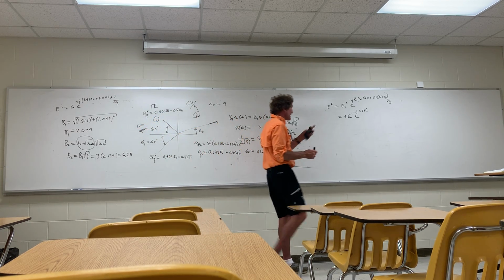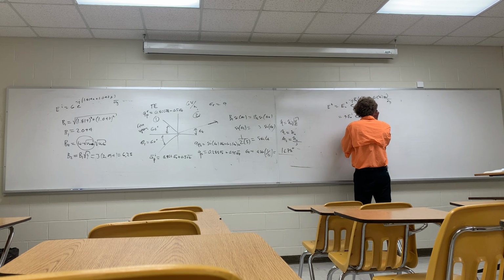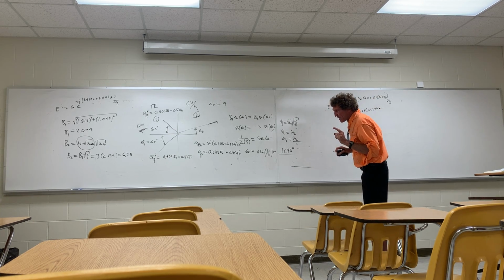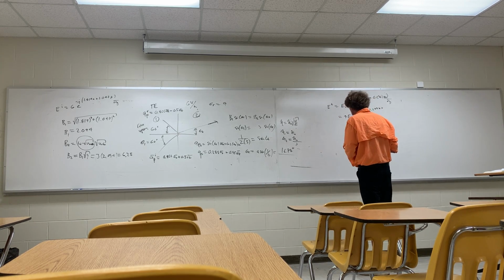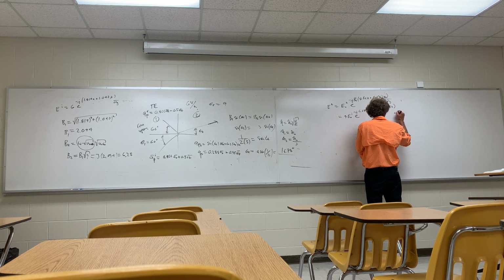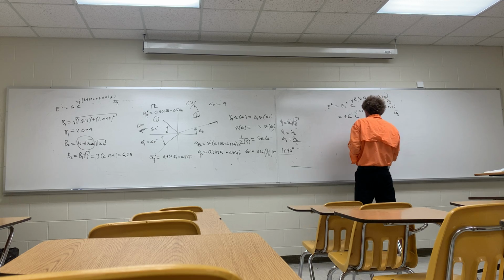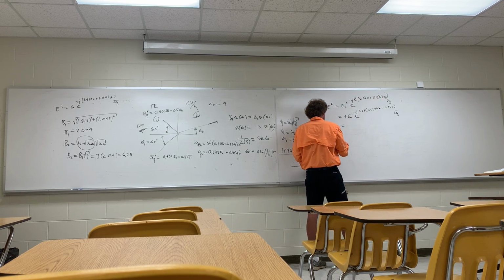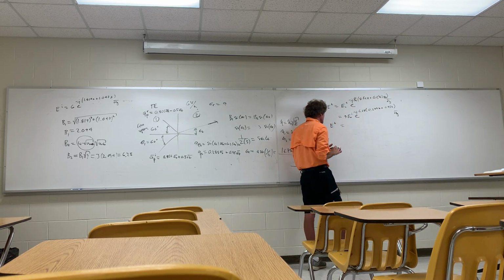So I can put that in here: 0.288 x plus 0.95 times z, right, in the y direction. Now you can do the math on this one, but what does that render for the transmission?